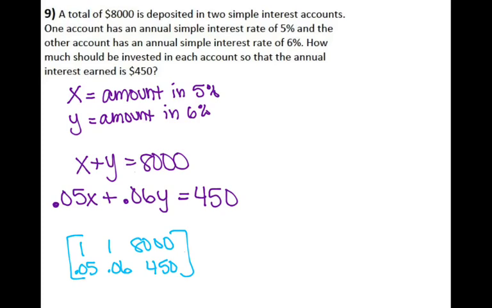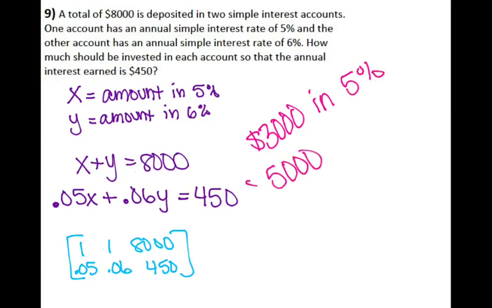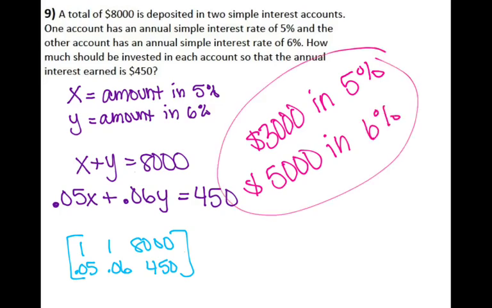And that gives me 3,000 and 5,000. So I have $3,000 in the 5% account and $5,000 in the 6% account. All right, I think that's it for the word problems.